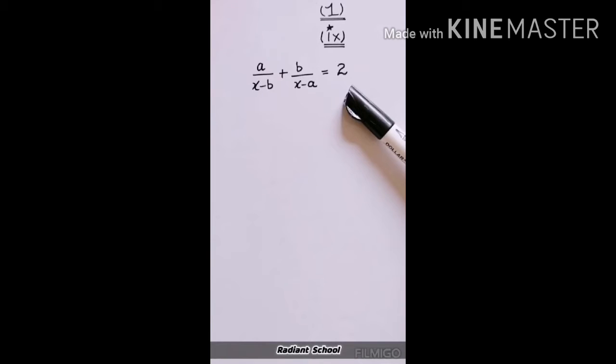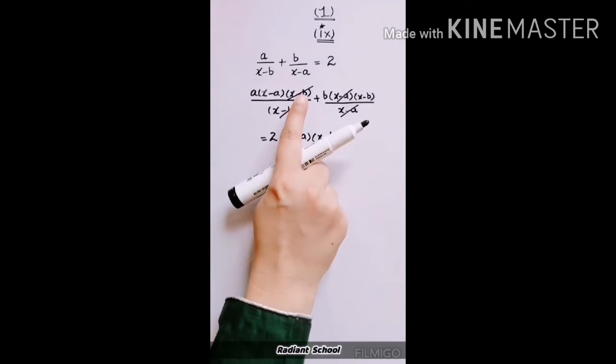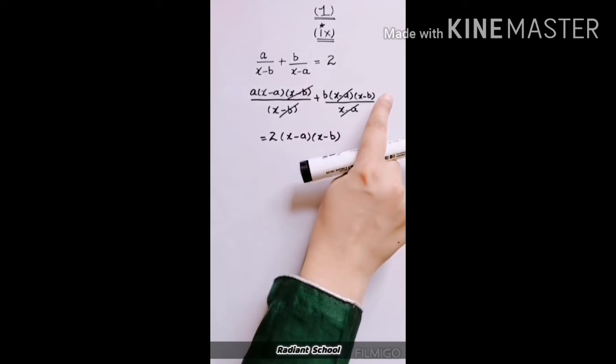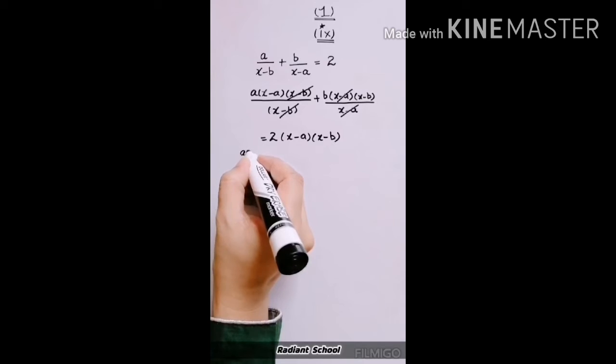LCM is x minus b and x minus a, and I will multiply the LCM with all the terms on both the sides. Okay students, now I have taken the LCM and I have multiplied the LCM on both the sides with all the terms. Now I will write, and I have cancelled x minus b with x minus b, x minus a with x minus a. Now I will write the remaining terms.